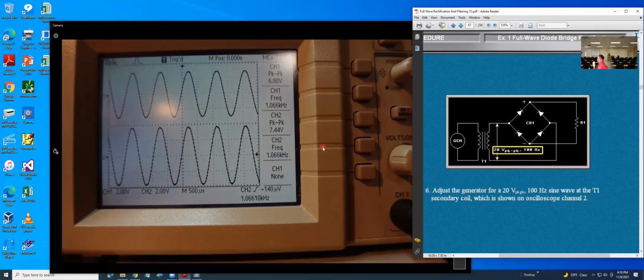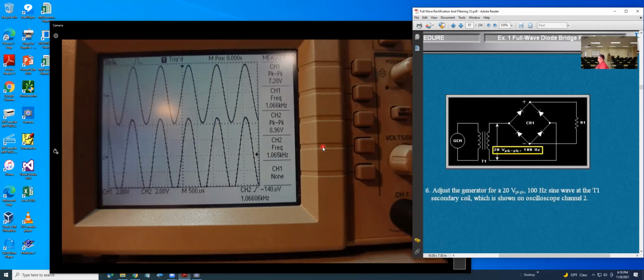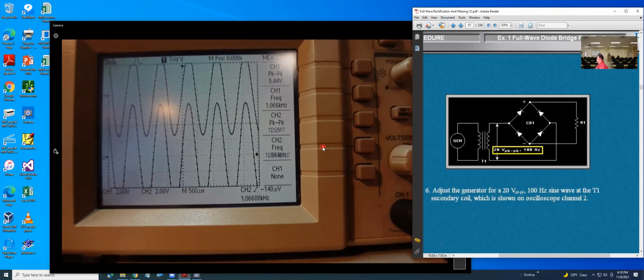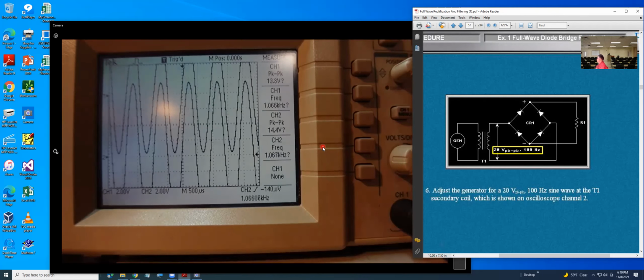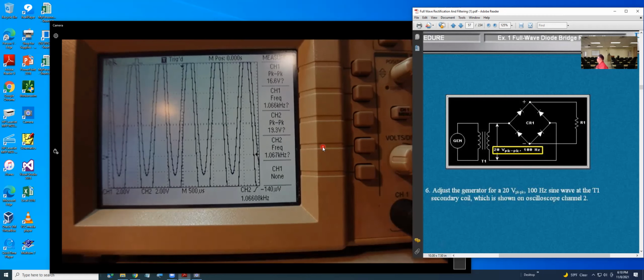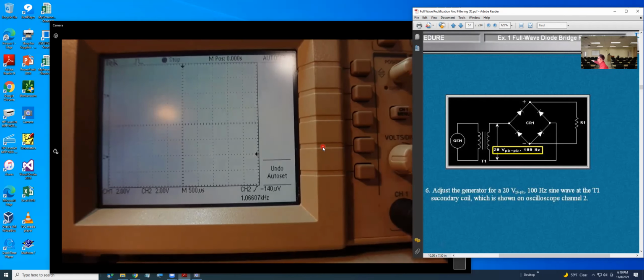And they want the generator at 20 volt. So increase until you get 20 volt. Okay, auto set measure to see what we get.